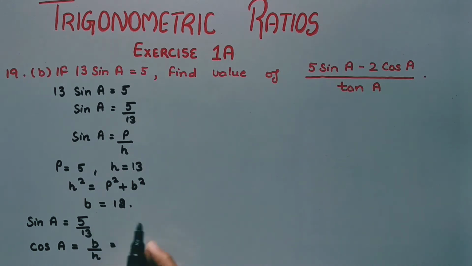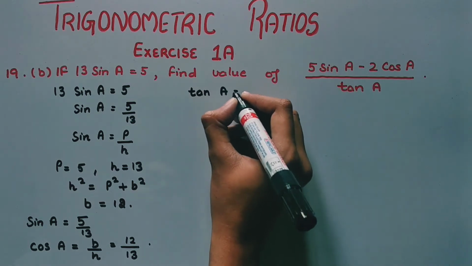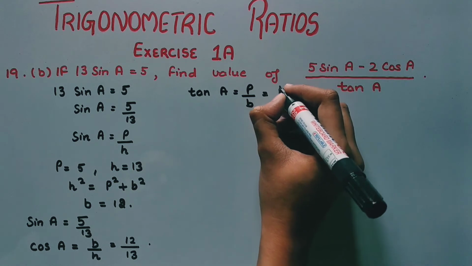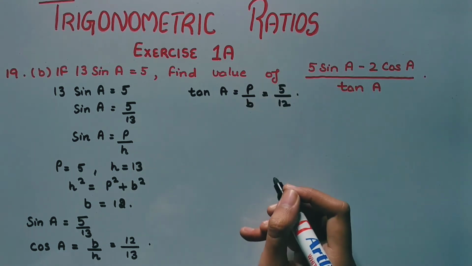Value of base is 12 and that of hypotenuse is 13. Hence cos A is 12 by 13. Next we have tan A. Tan of angle is perpendicular by base. We have perpendicular that is 5 and base that is 12, that is 5 by 12.